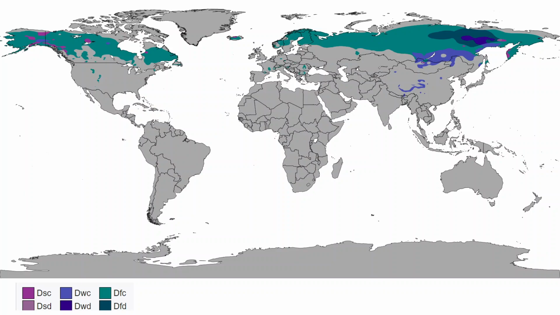Here all these are extremely cold type of climates, and they have to be at the subpolar latitudes. And if you see over here, the DFD type of climate is restricted to the Siberian region in the Eastern Asia. So you can see here how these group of climates is shown.